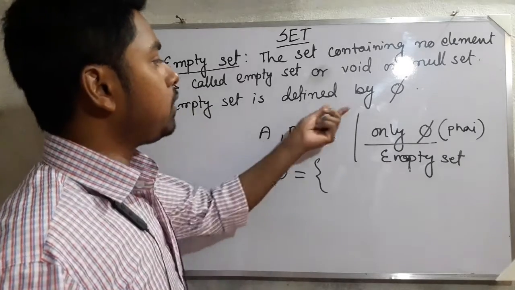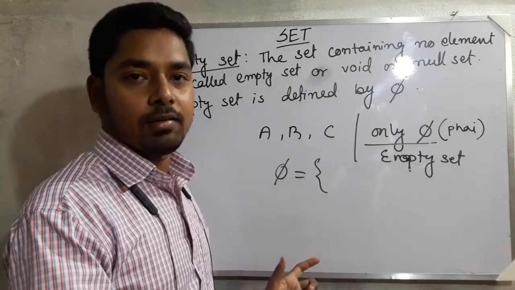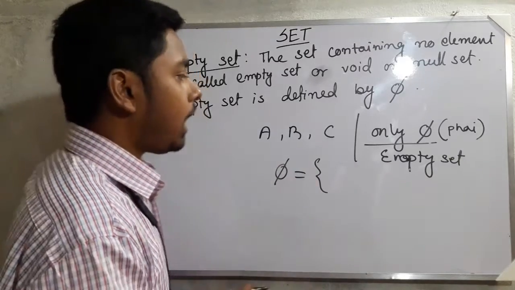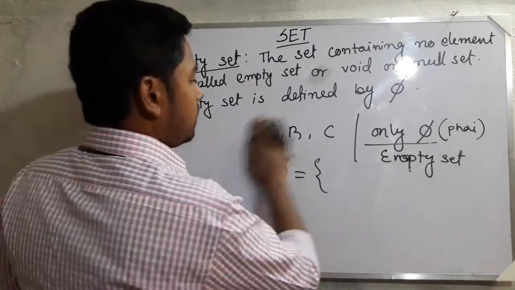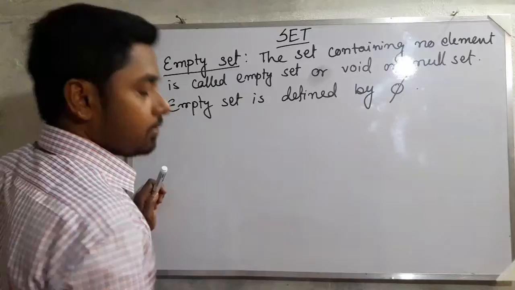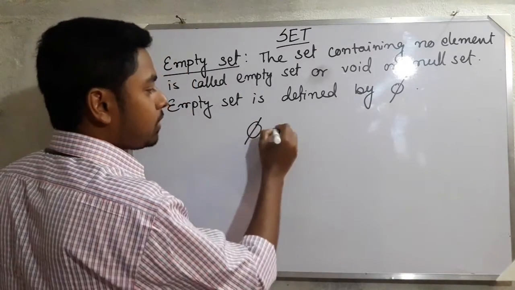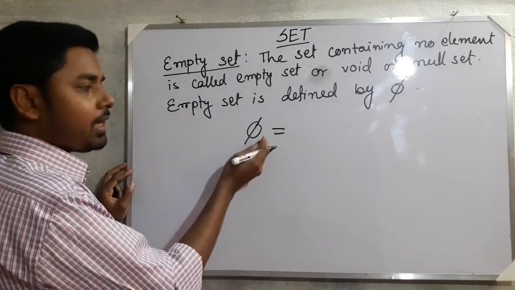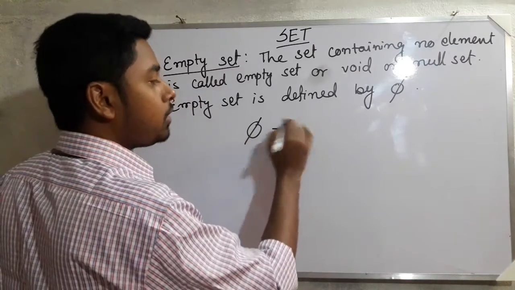Now we have known that the set which does not have any element is called the empty set. Now how can we make the structure of the empty set? I am taking an example: phi equals to what? We have to take no element.